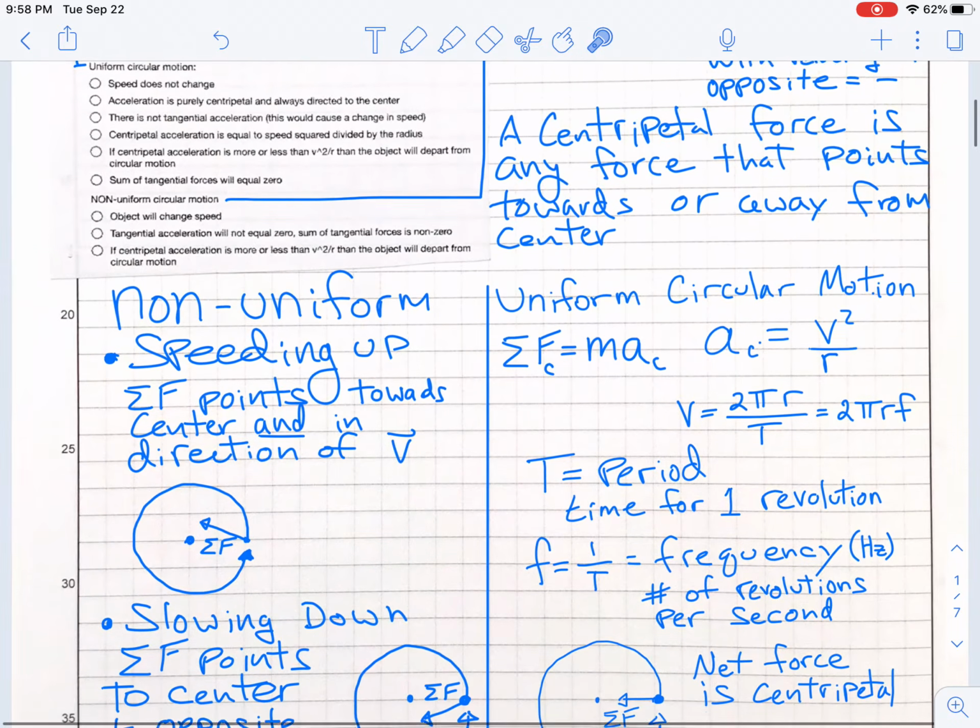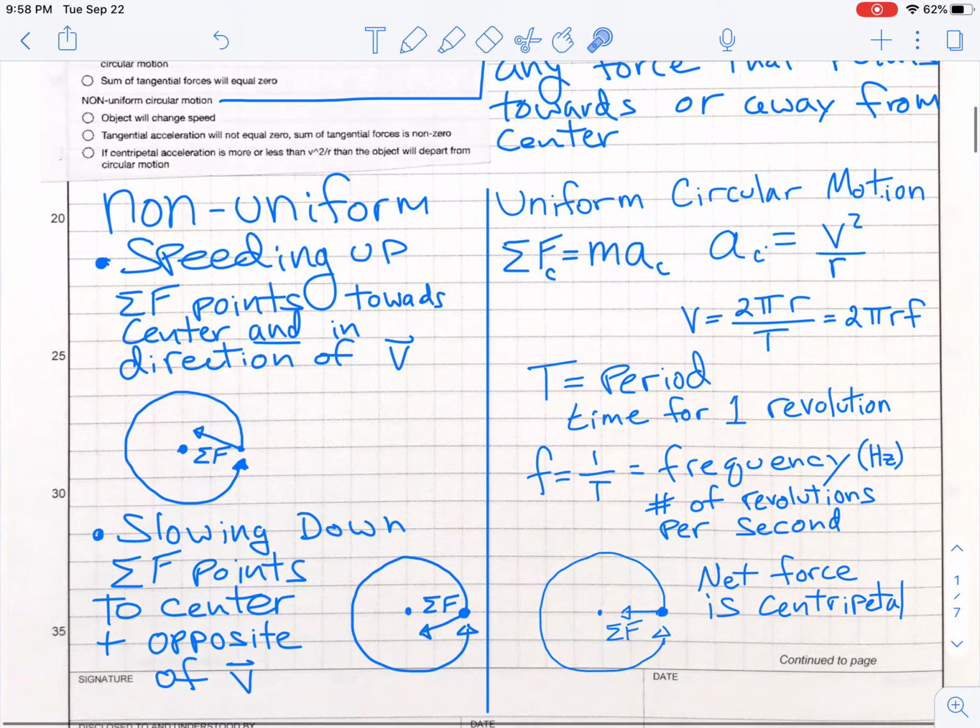So, some equations that we'll be looking at, and just some general information about this stuff. Uniform circular motion: the sum of the forces in the centripetal direction is mass times acceleration in the centripetal direction. That acceleration centripetally is v squared over r in magnitude. The direction, of course, is towards the center.